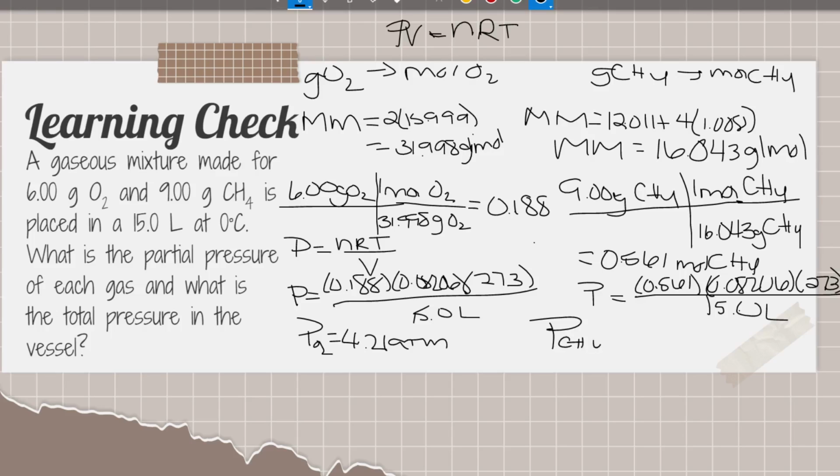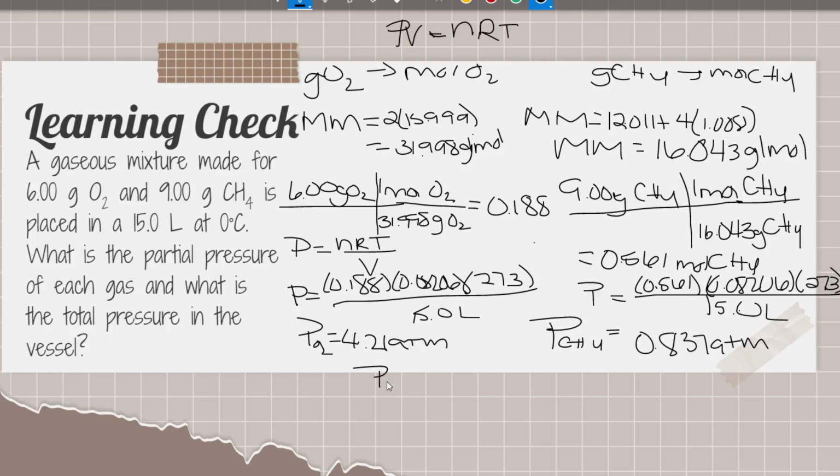So P for our CH4 is going to be 0.837 atm.